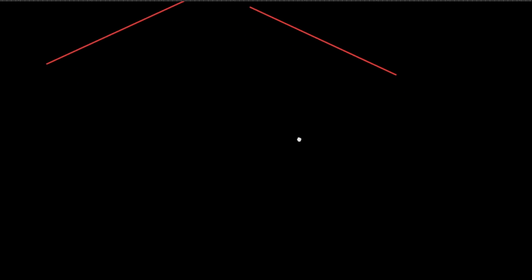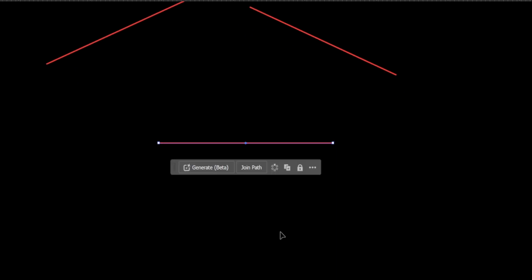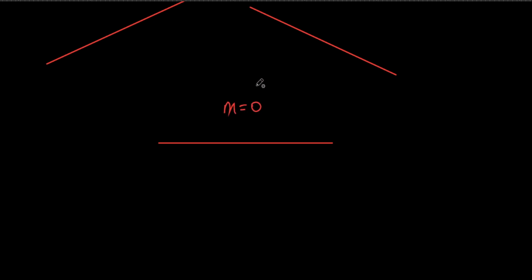Now, here's something that's a little bit different that we haven't talked about. What if you had a slope that was like this? It is 0. It's a 0 slope. So I'm going to put the slope equals 0. And I'll give you a little story in a second that I always tell when I teach this stuff. Let's talk about this, though.